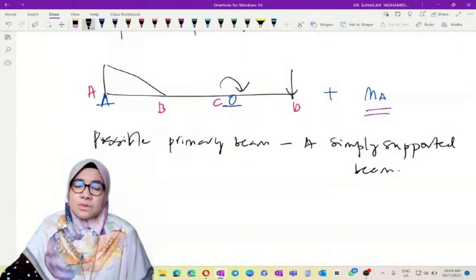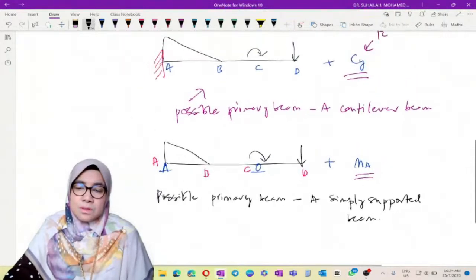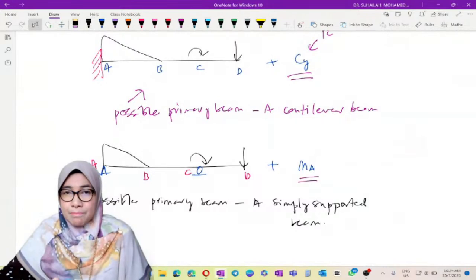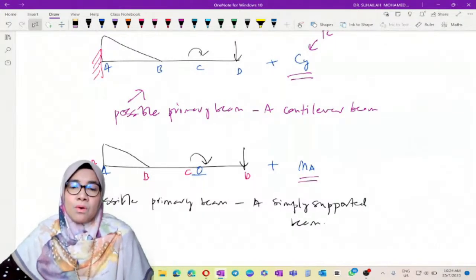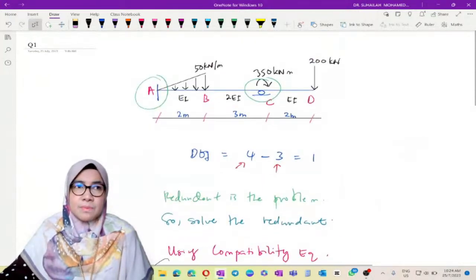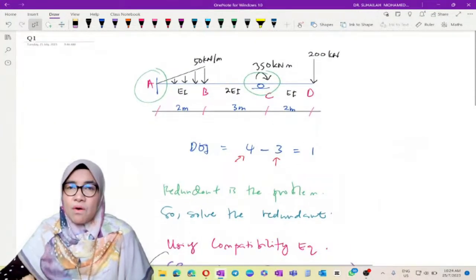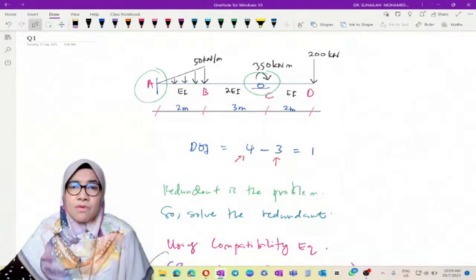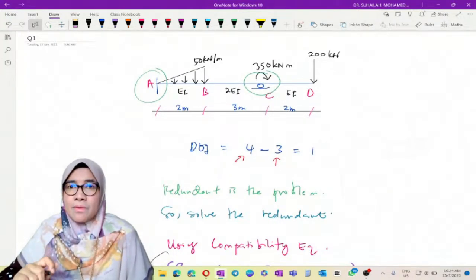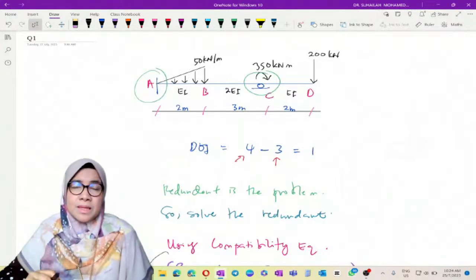Okay, so this is actually the two possible primary beams for this original beam. The beam has four unknown reactions, one redundant in the system, and the redundant is the problem. So we have to solve the problem first. So how to solve the problem?